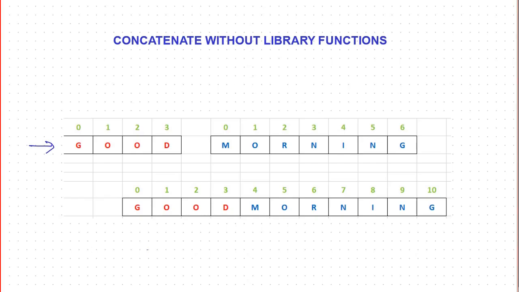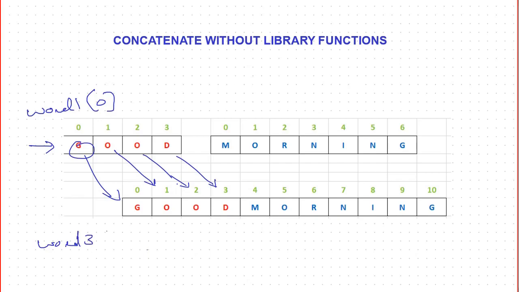That means this G goes to the first index of word 3 and O, again the second O there, and D to the third one. So here you can see that the indices are matched. Suppose this is word 1 0, it should be given to word 3 0. So here we are directly doing that since that's the first word.